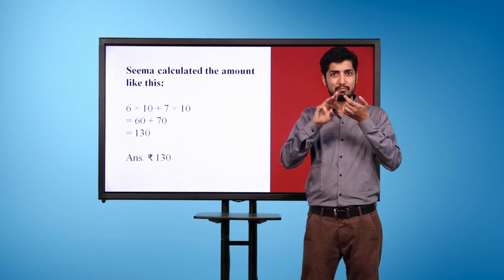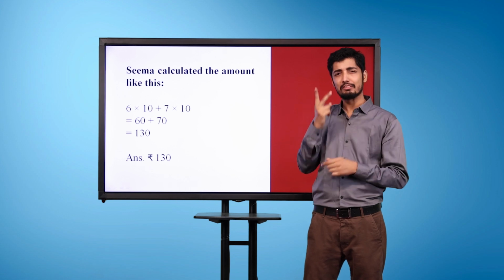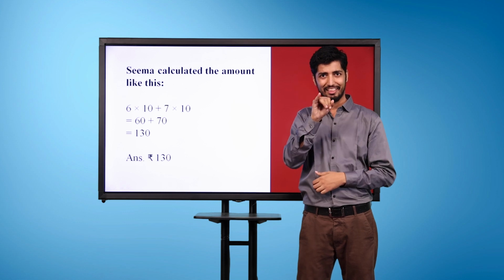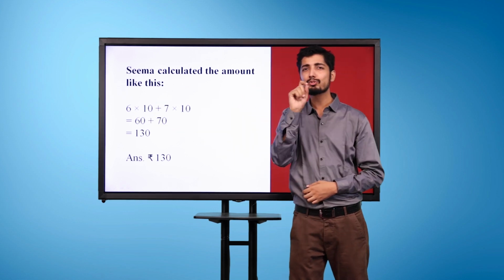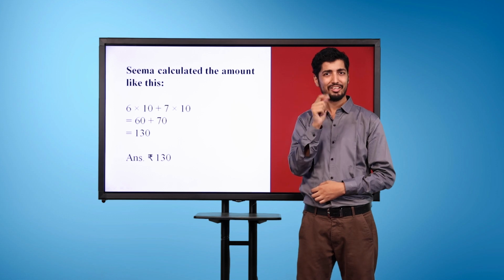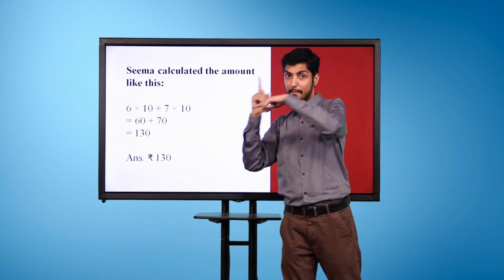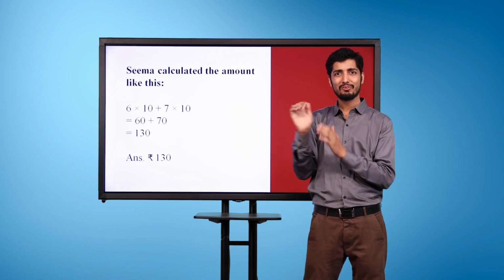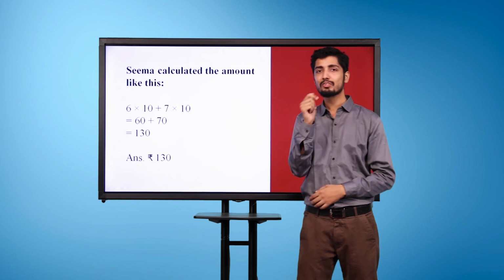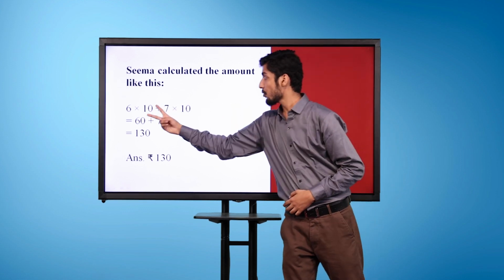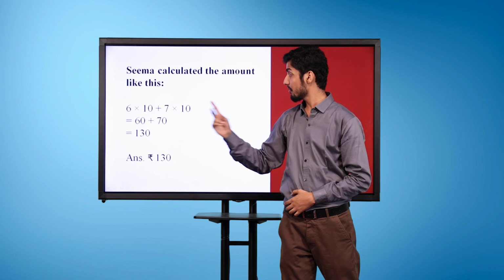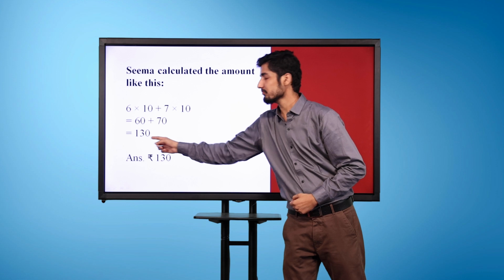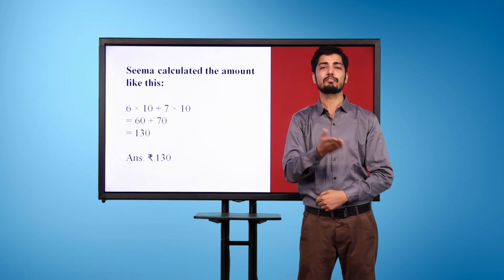Seema calculated the amount like this: 6 multiplied by 10 plus 7 multiplied by 10, equal to 60 plus 70, which is equal to 130. Answer: 130 rupees.